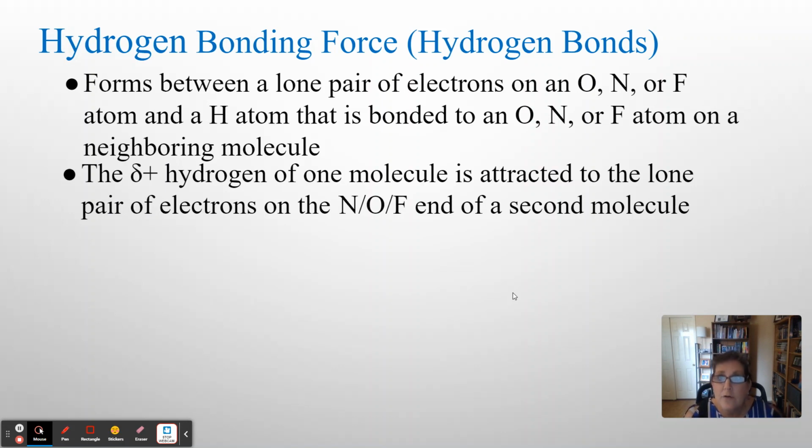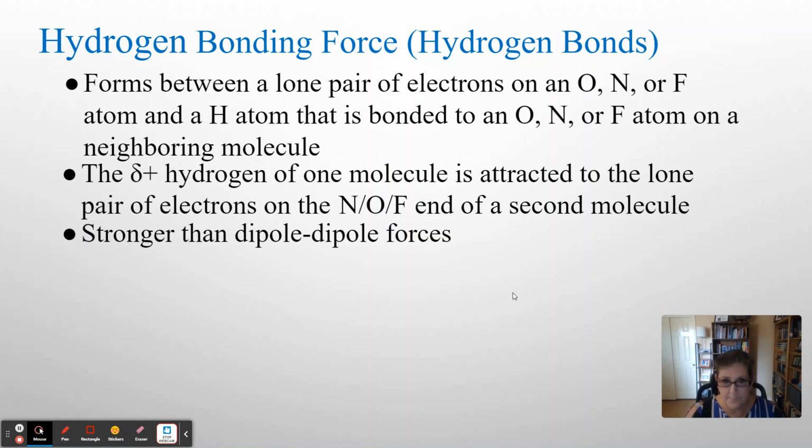So the hydrogen is a little bit positive in this case because the N or O or F are more electronegative, so they're a little bit negative. So the hydrogen on one molecule is going to be attracted to the N or O or F on the second molecule because they have a negative charge and the hydrogen's a little bit positive.